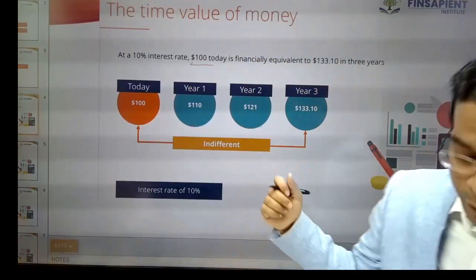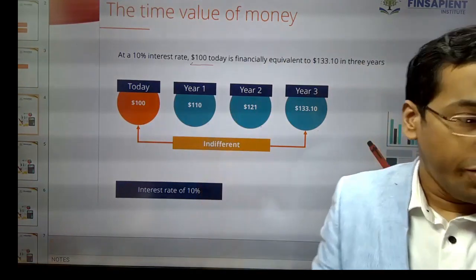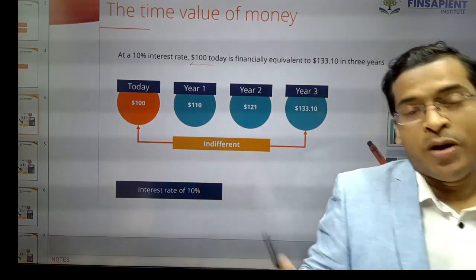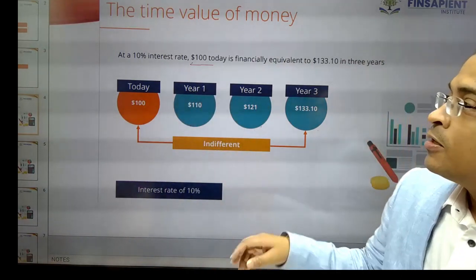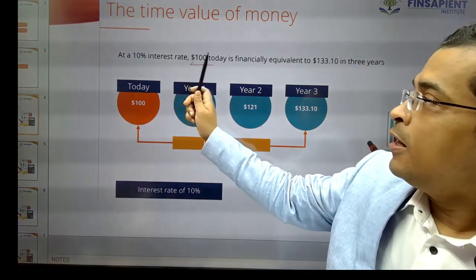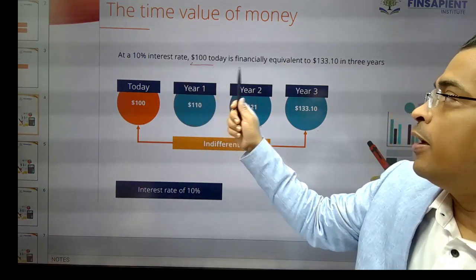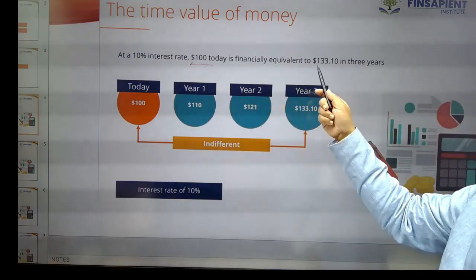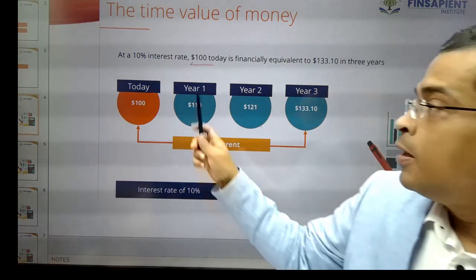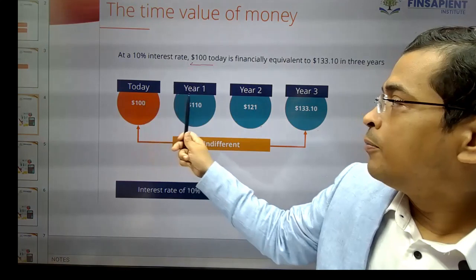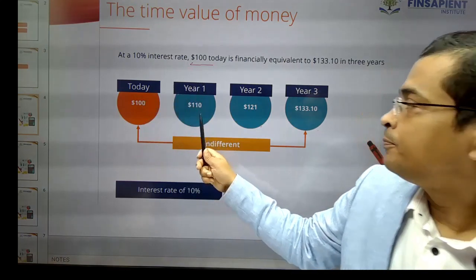Next one, say for example, there is a 10% discount rate. So earlier we took 20%, which was quite high. So let's come back to a more reasonable interest rate. So at a 10% interest rate, $100 today is financially equivalent to $133.1 in 3 years. How? Today $100 becomes 110.